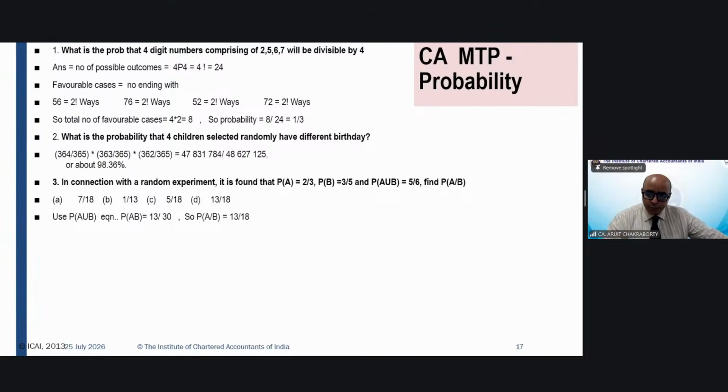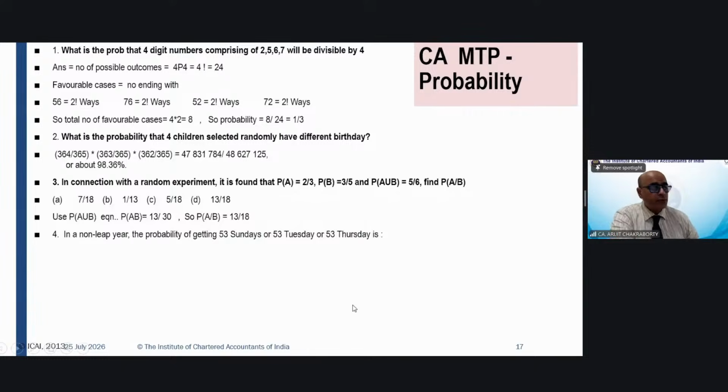PAB, the probability of AB, is equal to PB into probability of A slash B. So if you divide PAB by PB, you will get the correct answer. This is the direct conditional probability formula which is used.